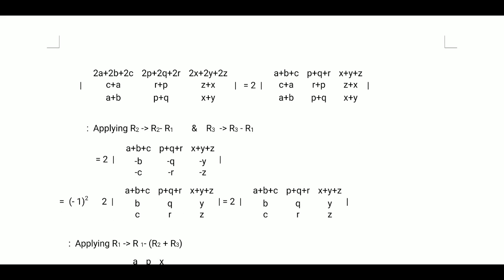Now apply R2 becomes R2 minus R1, then the change will be in R2, and R3 becomes R3 minus R1. Here I fixed R1, so we cannot make a change in R1, we are changing only R2 and R3.